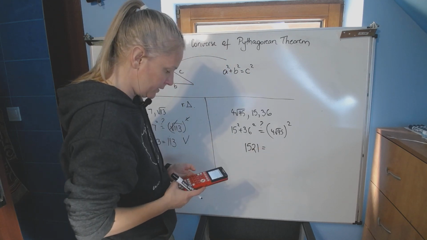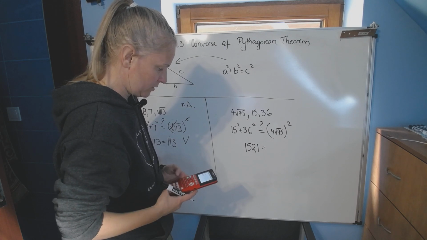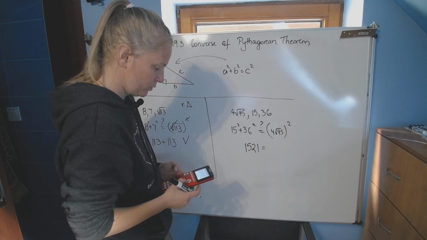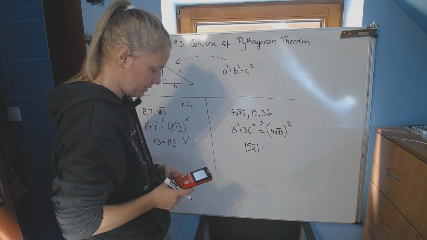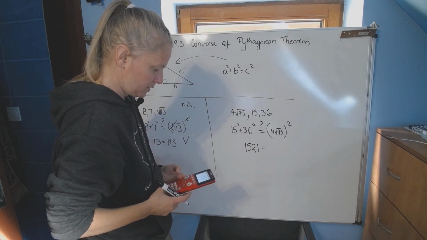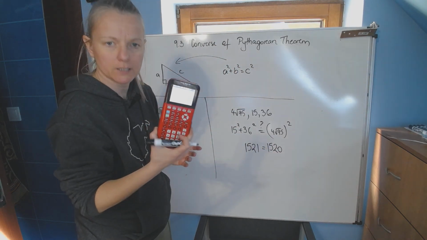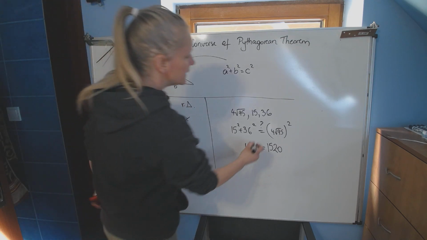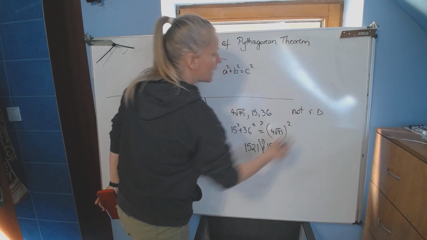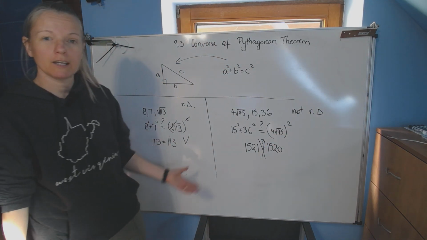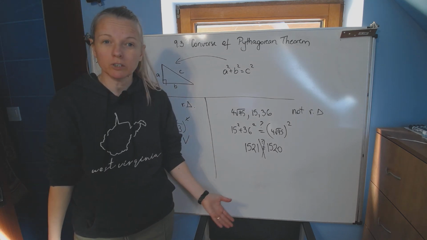Should equal, let me put this in parentheses, 4 square root of 95 all squared, which is 1,520. And of course, you have these answers in the book, but I want to show you that it does actually work. 1,520, does it equal? No, it does not. Not a right triangle. So that's all you're going to do over and over again. The only thing you need to make sure is that you're using the hypotenuse correctly. The drawing will show you how that works.